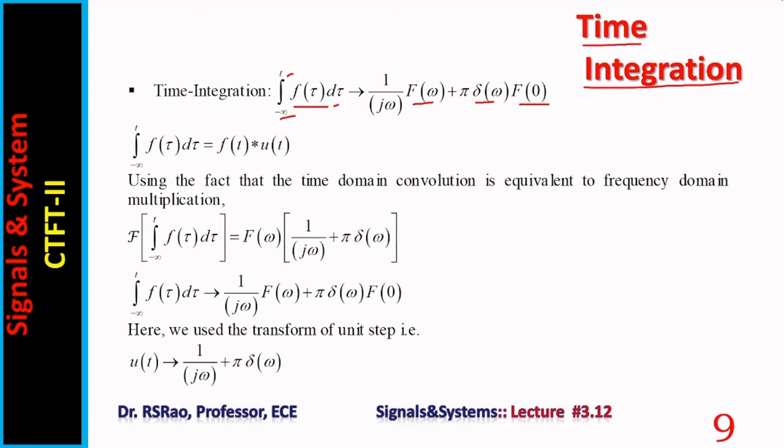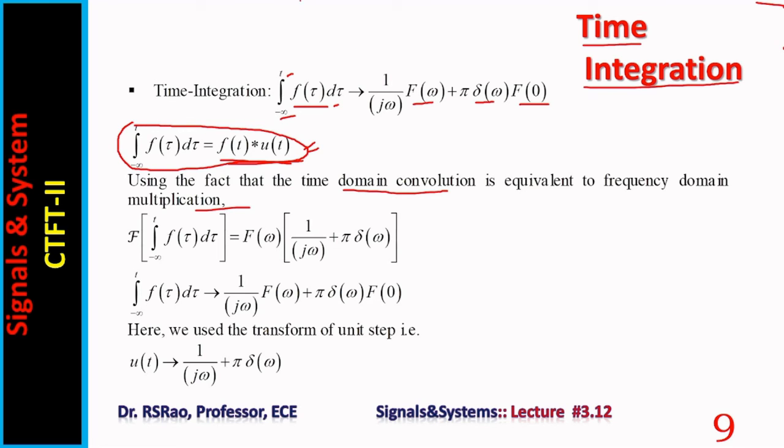Now, to have a proof of this statement, we consider convolution. One can identify that the integral from minus infinity to t of f(τ) dτ is the convolution between f(t) and the unit step function. Using the fact that time domain convolution is equivalent to frequency domain multiplication, we apply the transform on both sides.